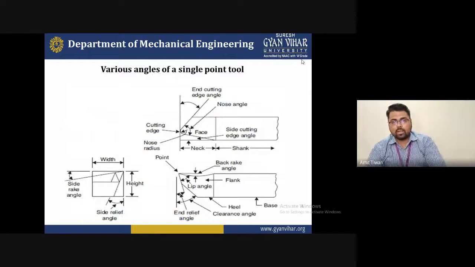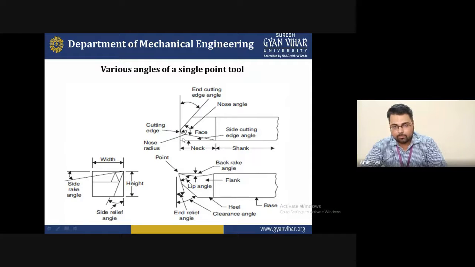So let's start with the first section, the various angles of a single point cutting tool, which I mentioned in the diagram. Some sections are divided into single portions, and we will elaborate on this cut section of a single point cutting tool, where the various geometries are mentioned.